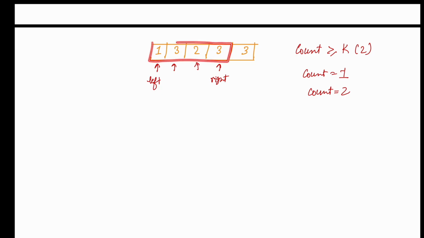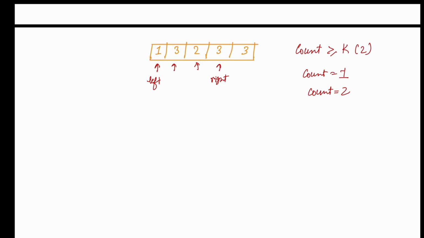Now here comes the catch. One thing you can deduce is that if this subarray is satisfying the condition, then all those subarrays including this subarray will also satisfy the condition. So how many subarrays are like that, including this left and right? So we see this one and this one as well, the outer one.